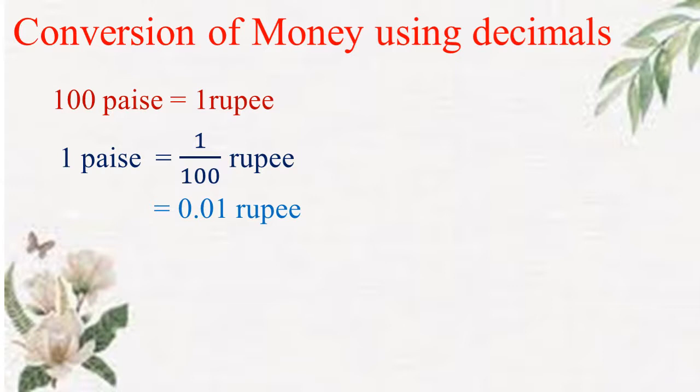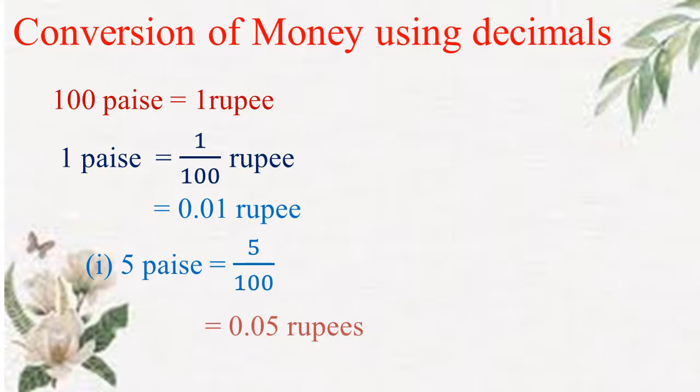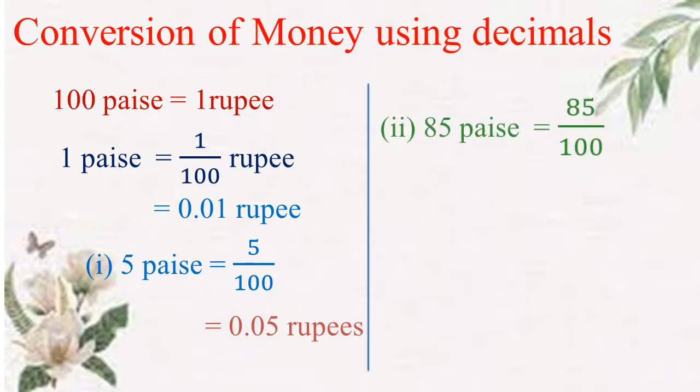Let's see some more examples. 5 paise. So 5 paise can be written as 5 by 100 rupee. As the decimal form, we can write 0.05 rupees. Another example, 85 paise. 85 paise can be written as 85 by 100.